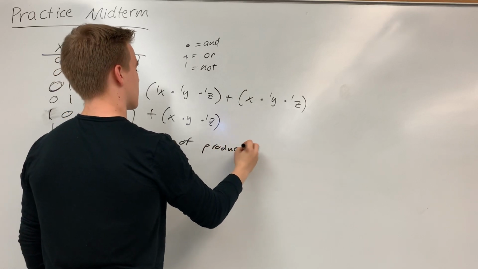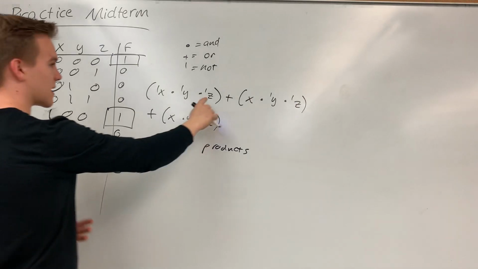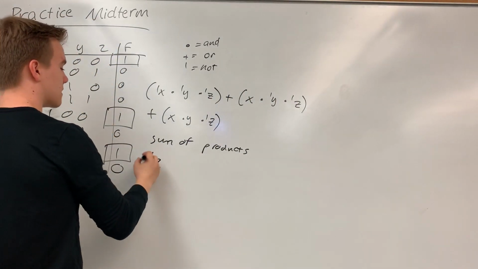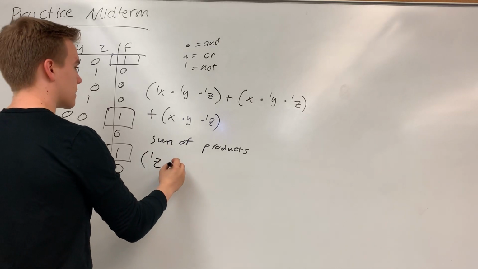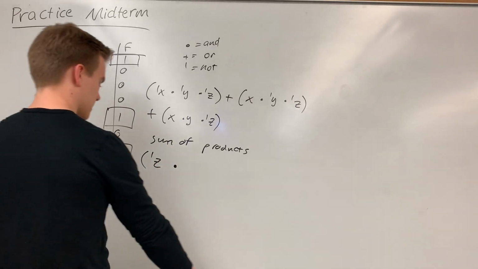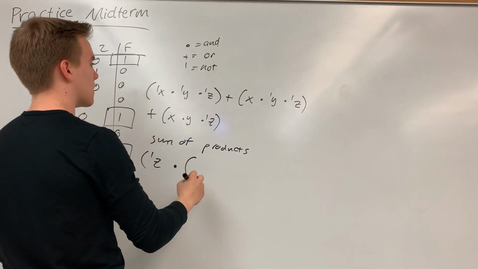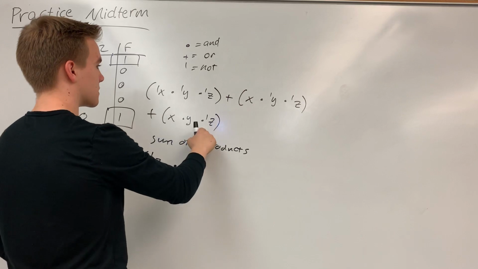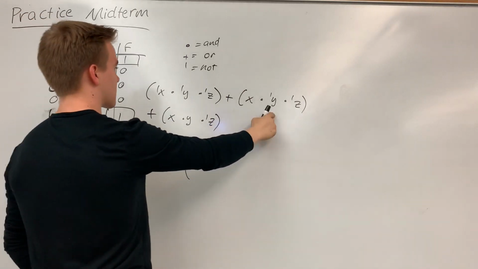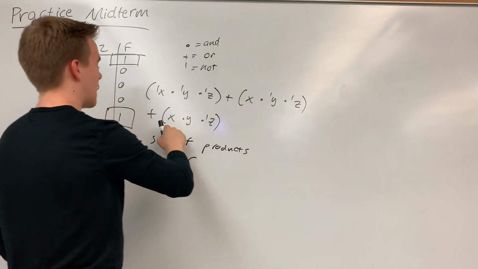It looks to me like it can potentially be simplified because all of these have not z, so maybe I'd write something like not z and, or let's see, not z and my three options: not x and not y, x and not y, or x and y.